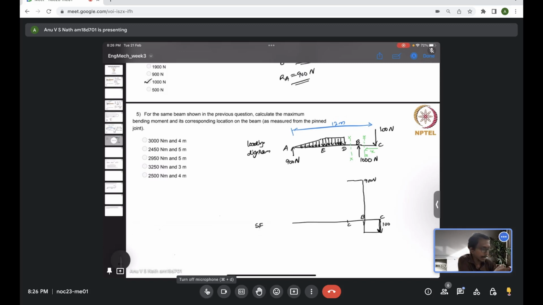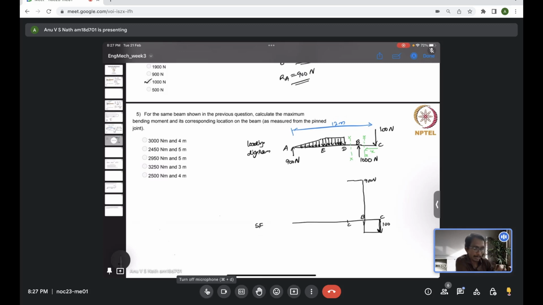Then you consider another location in between B and C. Why I am saying any location between B and C is that there is no other loading in between B and C. At C there is a point load, and then between B and C there is no other load. So take any general section between B and C, let's say at distance X from the end C. Now if you want to evaluate the shear force at that particular location X, you have to add up all the forces acting either on the right or on the left.